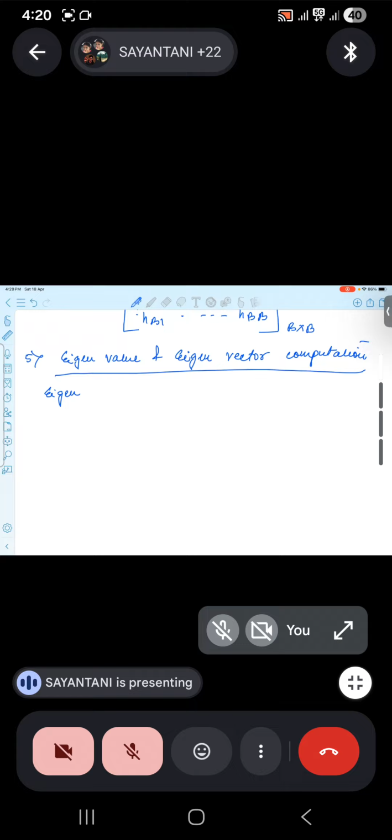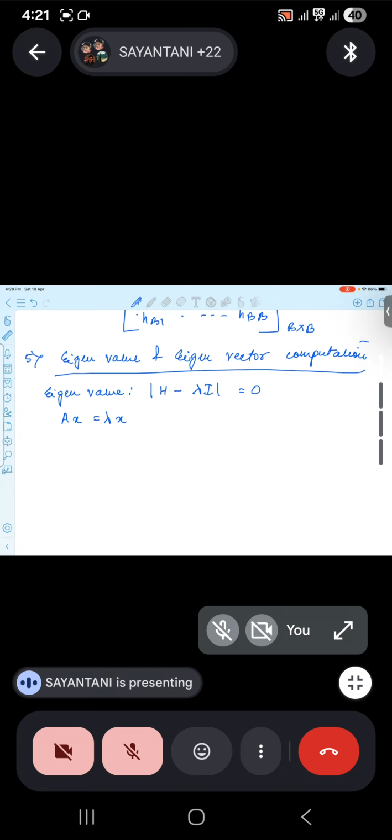All of you know how to calculate eigenvalues and eigenvectors. We have been practicing that for the last couple of classes also. So basically from here you're going to get the eigenvalues, and of course you know how to calculate the eigenvectors. So from this equation you will get the eigenvectors.